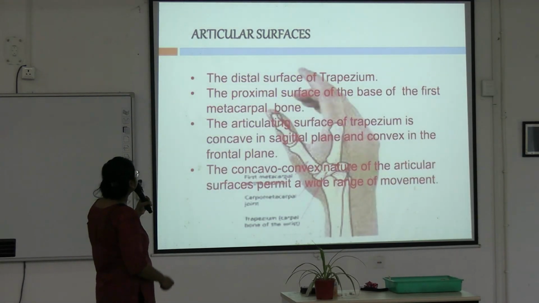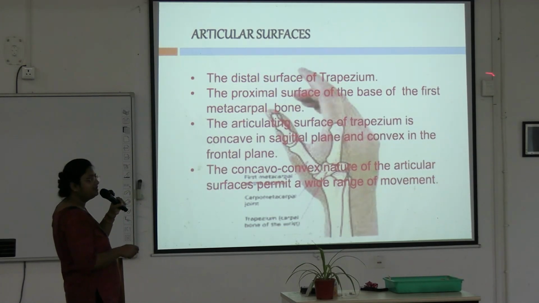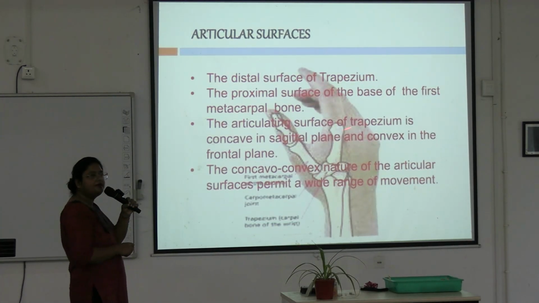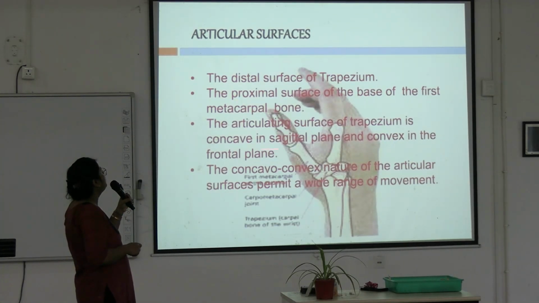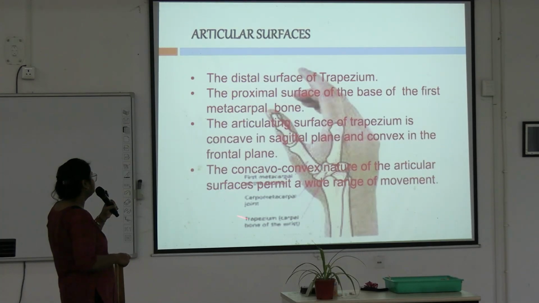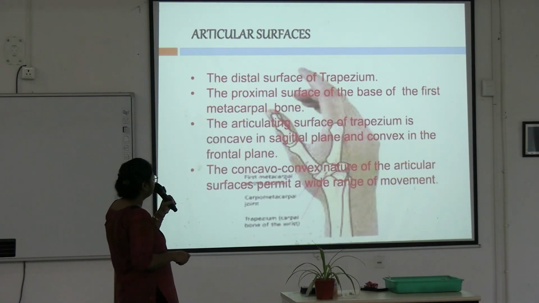Next, the articular surfaces are the distal surface of the trapezium and the proximal surface of the base of the first metacarpal bone, and the articulating surface of the trapezium is concave in the sagittal plane and convex in the frontal plane. The concave-convex nature of the articular surface permits a wide range of movement. That's why it is important. Wide range of movement is occurring. Next.